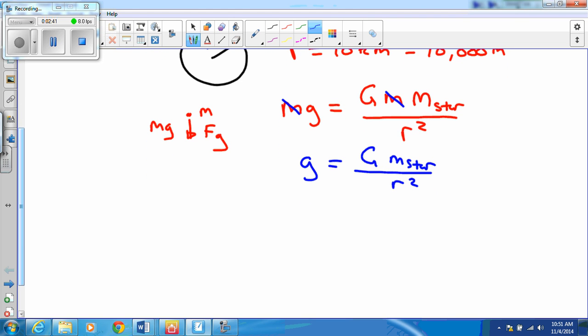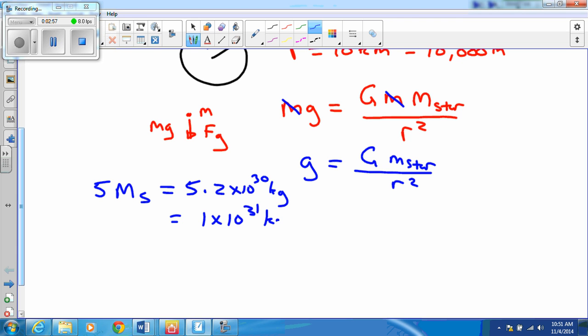Well, the mass of the star is 5 times the mass of the sun. And I look up in the front of the book or on Google, and I find that the mass of the sun is 2 times 10 to the 30th kilograms. So that 5 times 2 times 10 to the 30th is 1 times 10 to the 31st kilograms. And I now have all the information that I need to plug in.